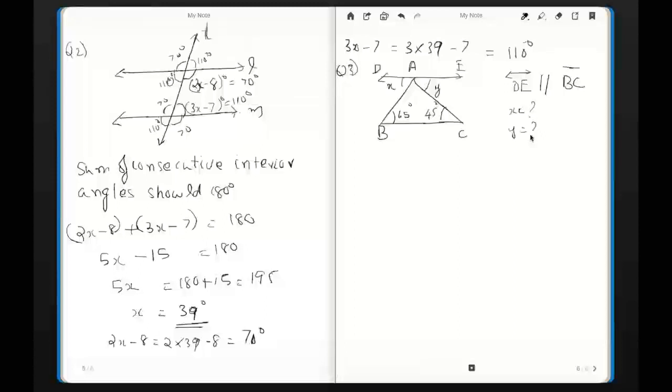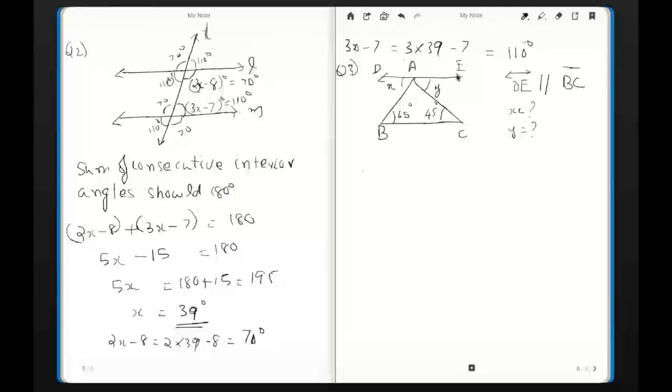Now, what is the sum of the angles of a triangle? Maybe you've not learned that yet. Okay, wait. So, let's not bother about that. Now, what about these two angles? What can you say about them? These two angles, you can consider this line AC as a transversal line.